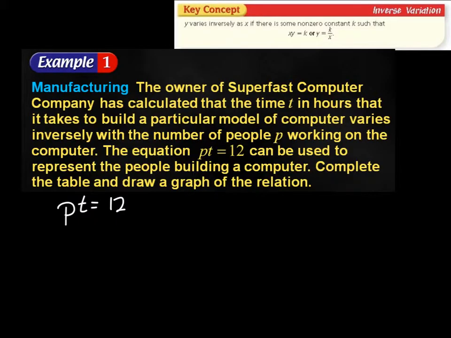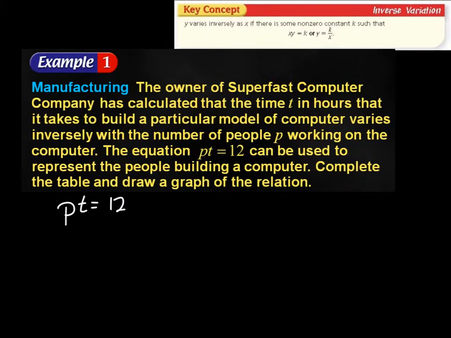The owner of Superfast Computer Company has calculated that the time t in hours it takes to build a particular model of a computer varies inversely with the number of people, p, working on the computer. The equation pt equals 12 can be used to represent the people building a computer. Complete the table and draw the graph of the relation.